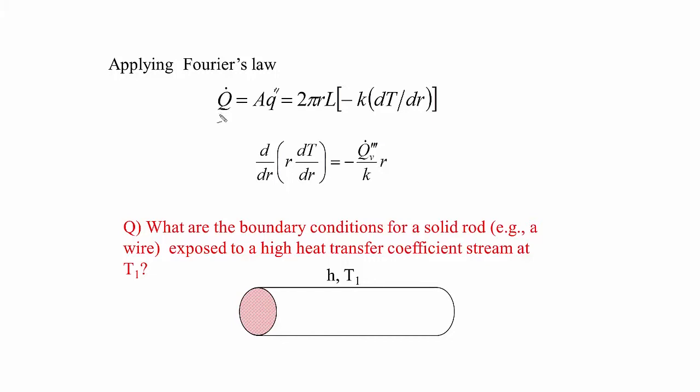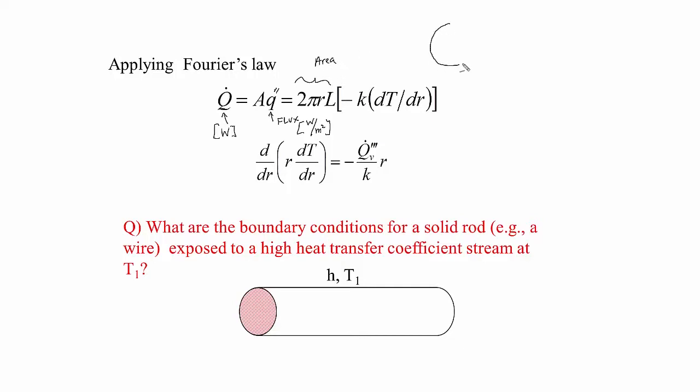So Q dot is A Q double prime. So this is the flux term. This is the total transfer rate, as compared to the watts per meter squared term. This is our area of transfer. So think about this.